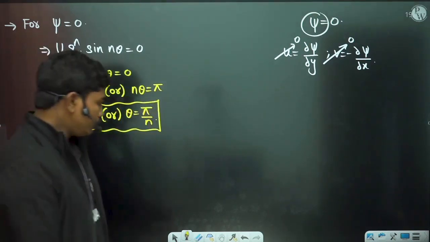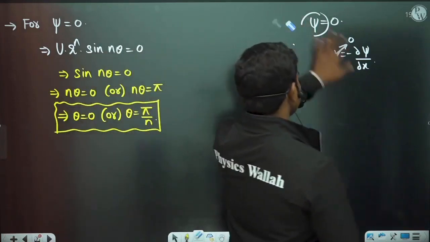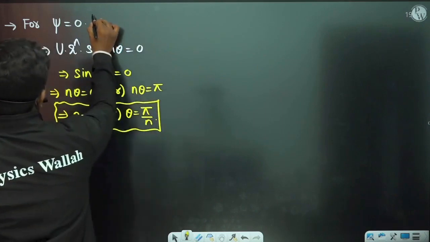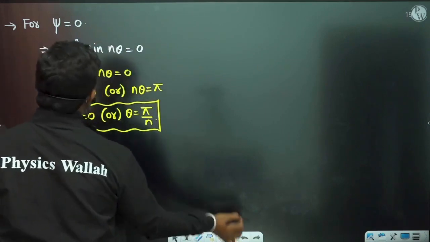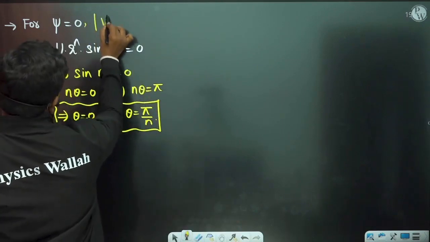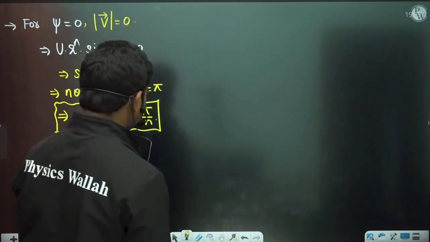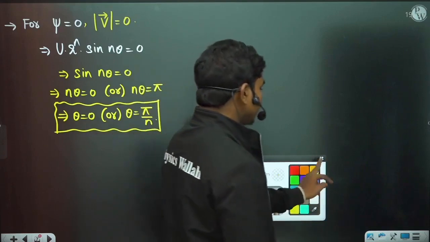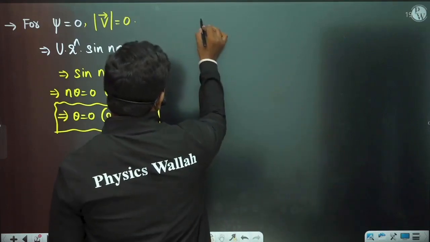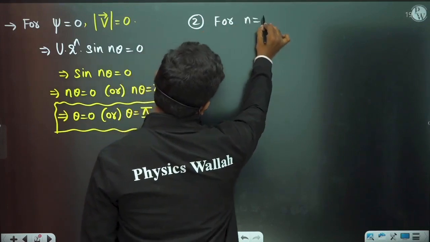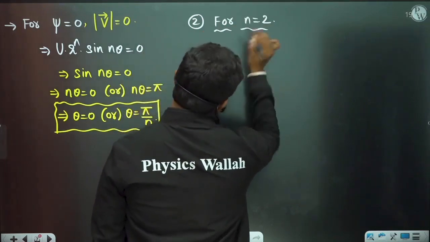So under these two cases there won't be any flow across the streamline. Now if you plot this, for psi equal to 0, the magnitude of the velocity vector is also 0, correct? So this is the expression for psi equal to 0. Now let us take n equal to 2.